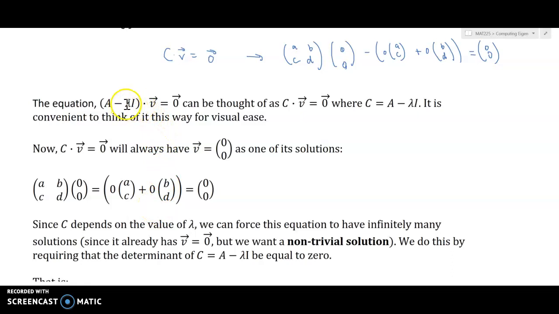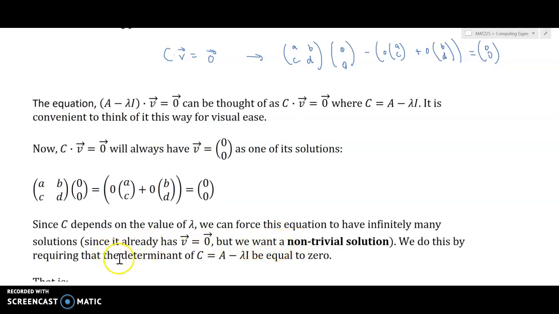Well, keep in mind that we still haven't found lambda; lambda is an undetermined value. Now, since that coefficient matrix C depends on the value of lambda, we can force this equation to have infinitely many solutions. Again, it's already the case that v equals 0 is a solution, but we want a non-trivial solution. The trivial solution is the 0 vector.